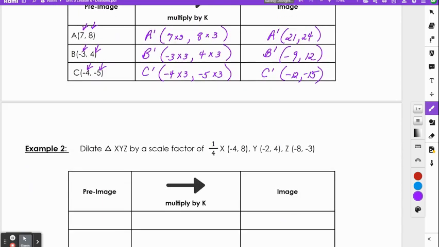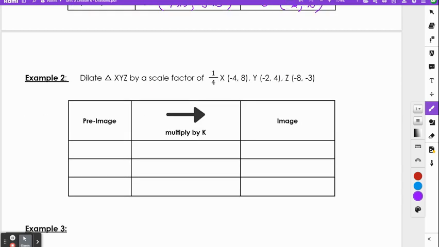Okay, moving on. This time we are dilating by a scale factor of 1/4. So our value of k is 1/4. And since that value is between 0 and 1, we're going to have a reduction. Our figure is going to get smaller. So we're going to write in the pre-image values of our x, y, and z.